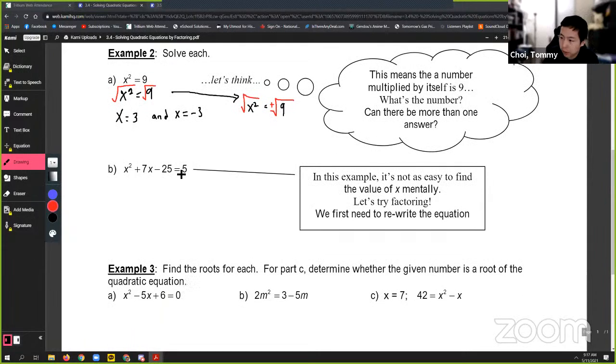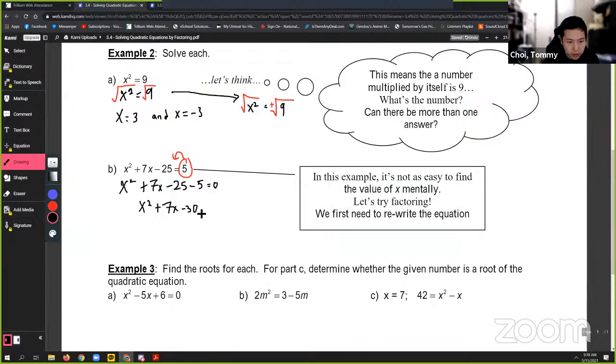We have 5 on the right. We want to move everything to one side, and everything else is already on the left. So we move the 5 to the left, giving us x squared plus 7x minus 25 minus 5. Simplifying that gives us x squared plus 7x minus 30.